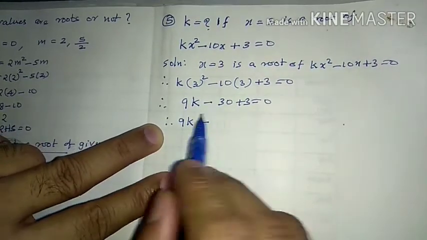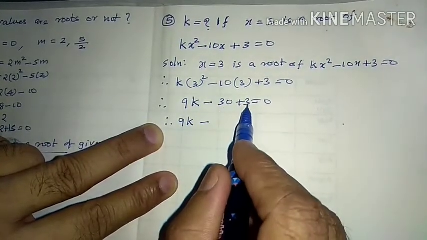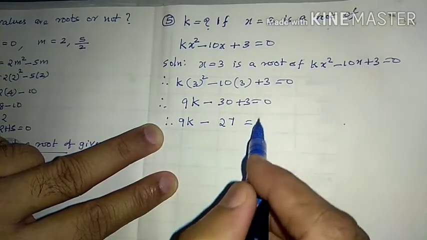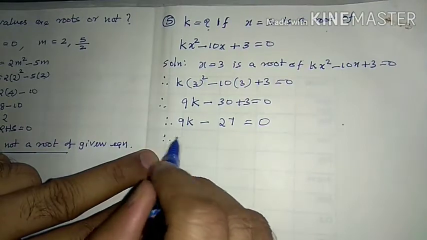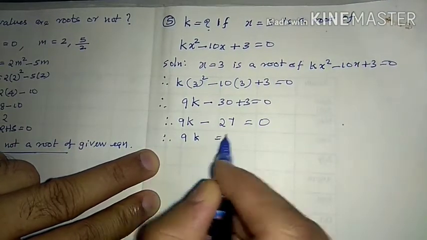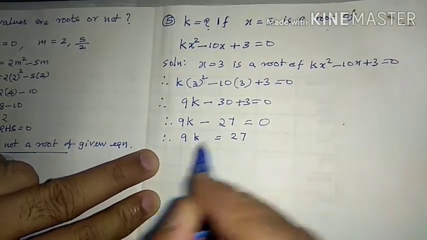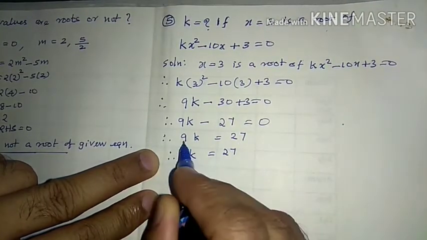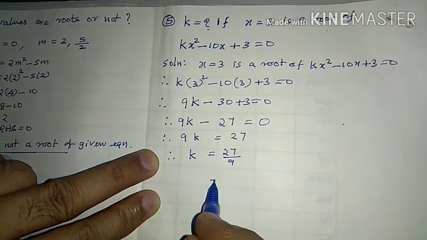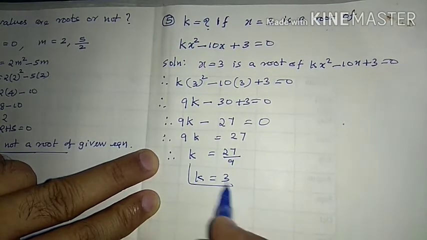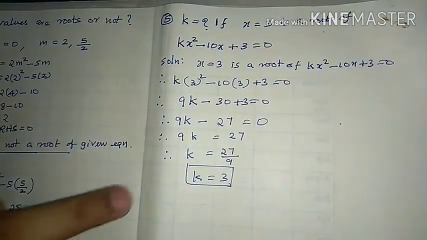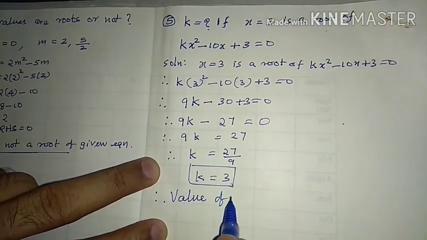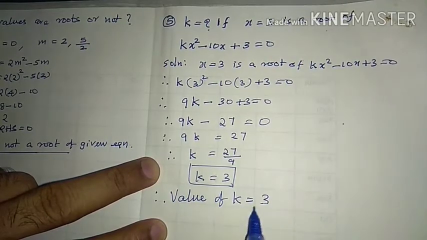Opposite signs, constant terms: 30 minus 3, 27. Greater number sign, right hand side 0. Therefore, 9k equal to plus 27. Therefore, k equal to 27 upon 9, which is equal to 3. This is the value of k. Therefore, the value of k is 3.